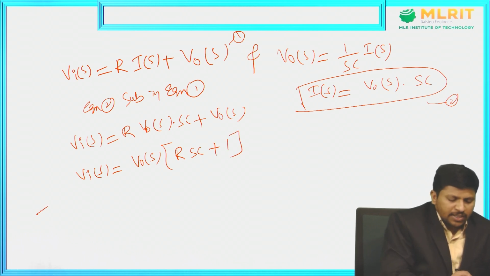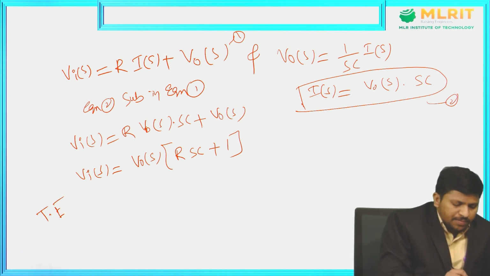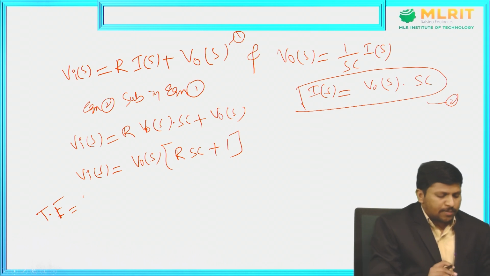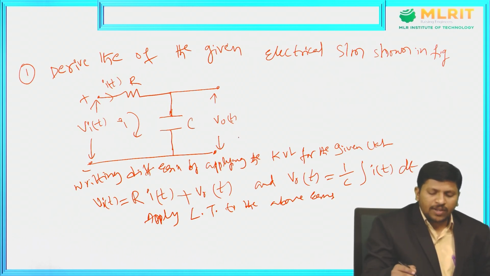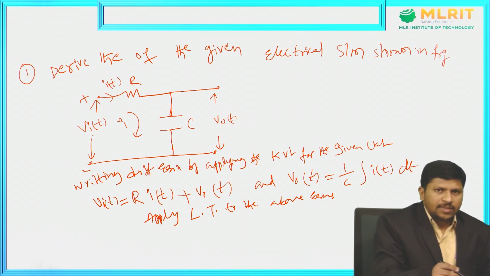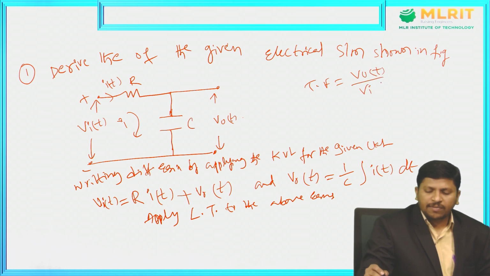The transfer function is nothing but the output over the input. Observe the circuit diagram. Which one is the output? V output of t is the output and Vi of t is the input. So the transfer function equals V output of t divided by Vi of t, that is V output of s by Vi of s.